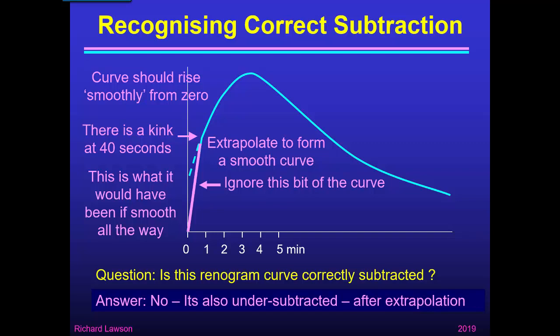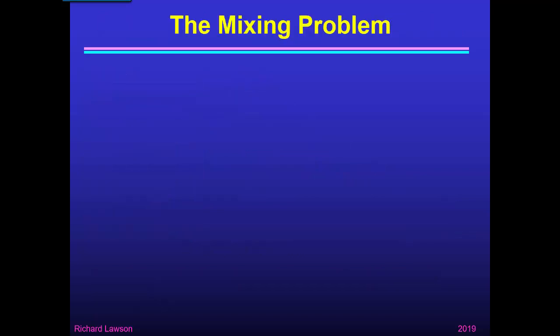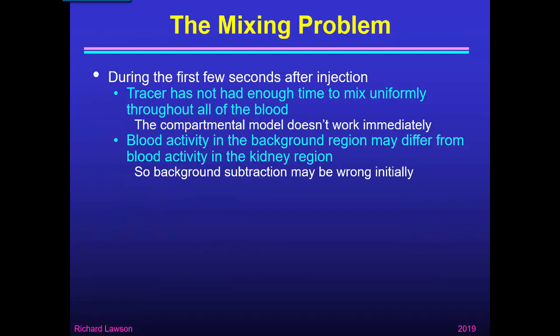Well, you're saying, hang on, you've been doing a little bit of jiggery-pokery there. Why can you ignore the first 40 seconds? Well, the problem is due to mixing. During the first few seconds after injection, tracer hasn't had enough time to mix uniformly throughout all the blood. The concentration will naturally be high close to the injection site and lower further away in the blood. Now, under those circumstances, the compartmental model doesn't work immediately.